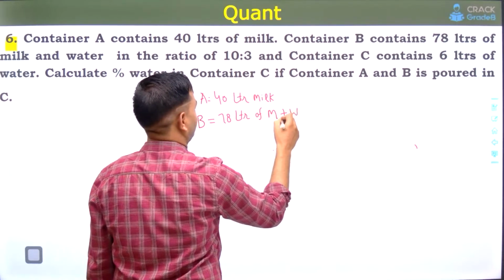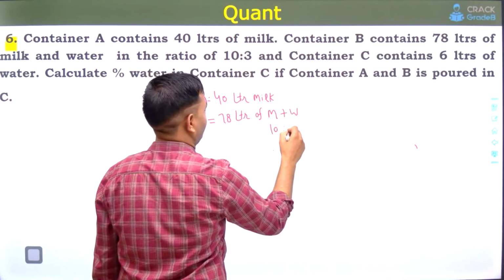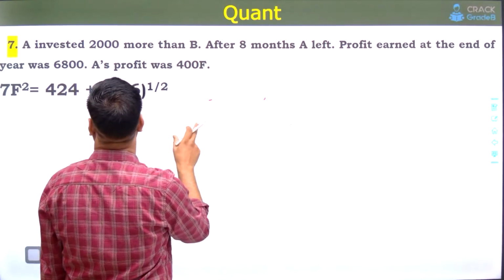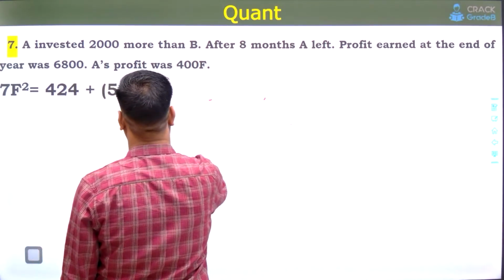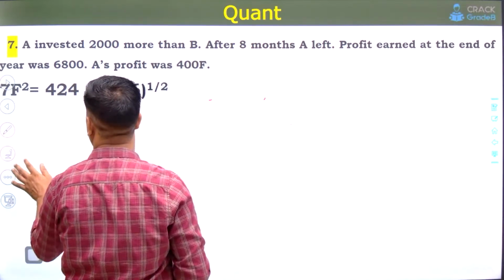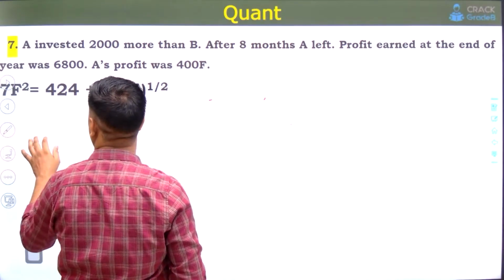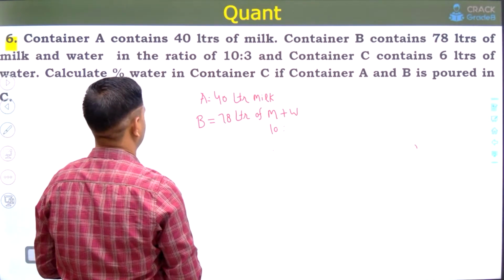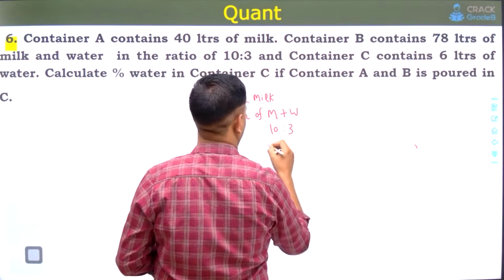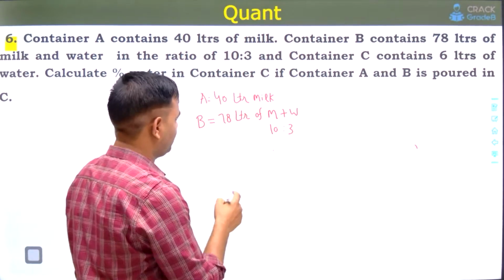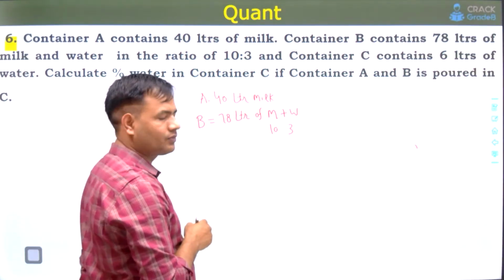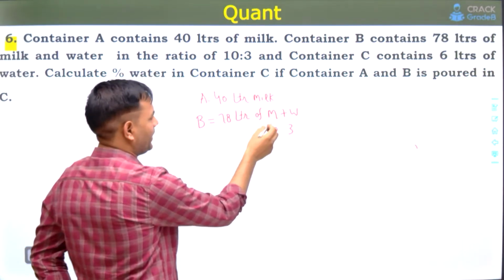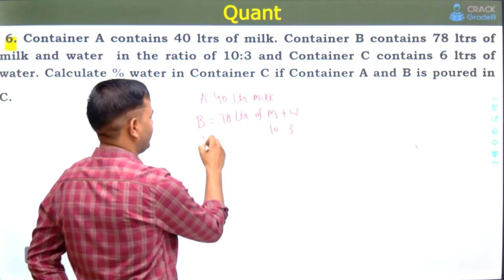The milk and water ratio was given 10 ratio 3. So from here you will get the milk and water quantity in B container.